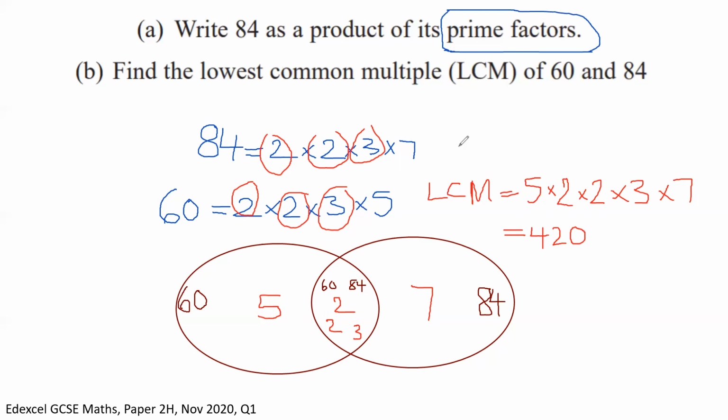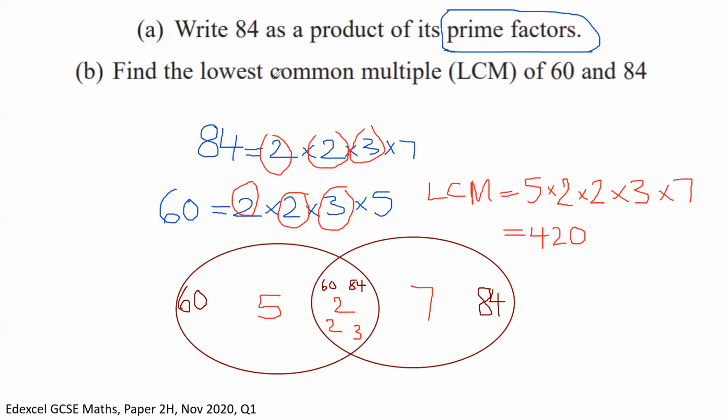So by doing it this way, it's really straightforward. You include all the numbers if you're working out the lowest common multiple. We're remembering what a prime factor is. We remember that a factor is a number that's divisible, or something that you can multiply by another number to make the total number. A prime number is something that can only be divisible by itself and one.